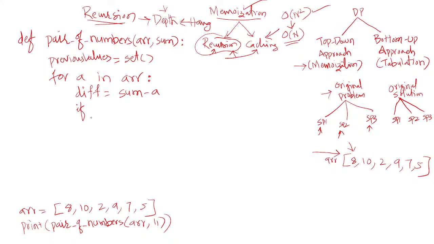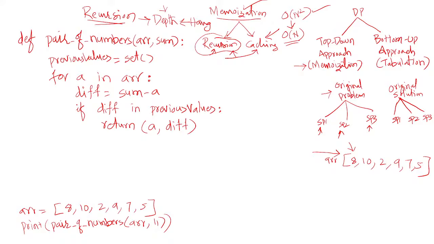So if diff is in previous values, it is just searching for the value, so we avoided the addition here. If this diff is present in previous values, that means we got the second number, so directly you can return the pair. The pair is a and the diff.